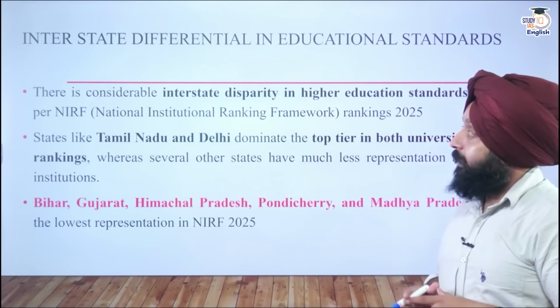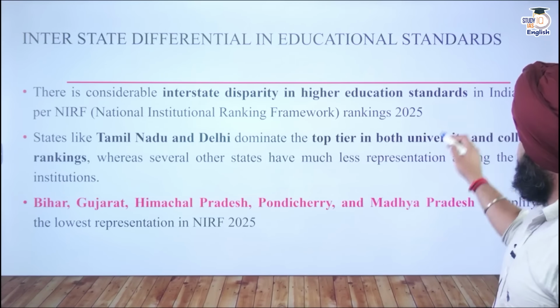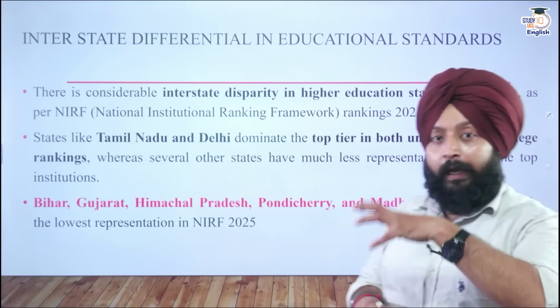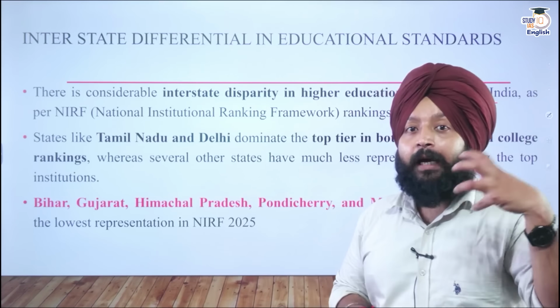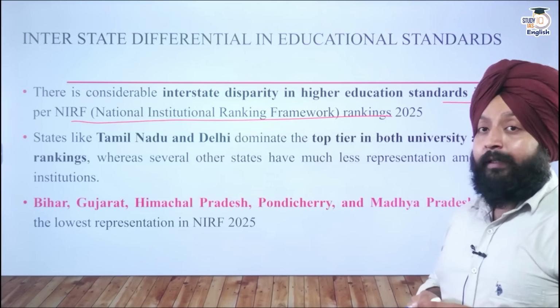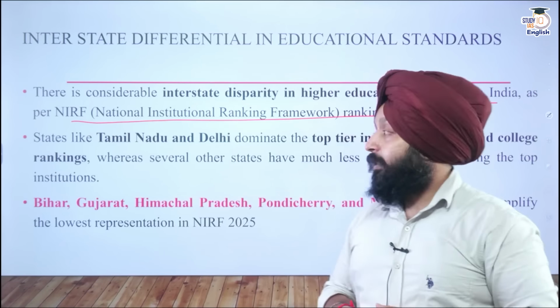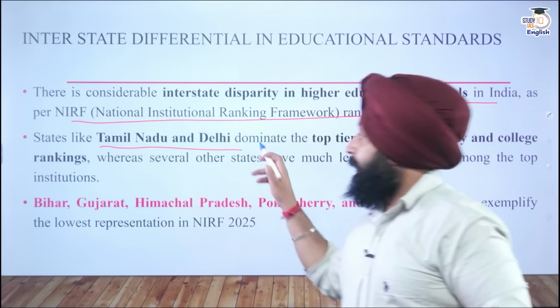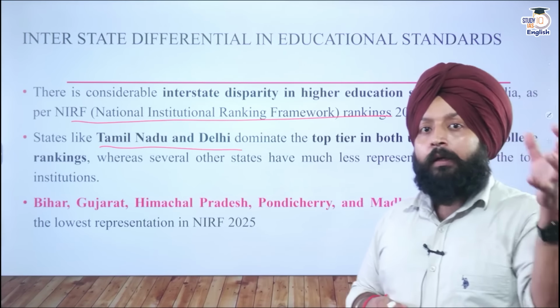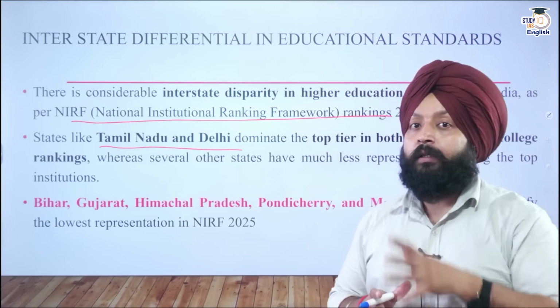See, there's a considerable interstate disparity in higher education standards in India. So we're going to see what the data as per NIRF says. Now, as I've told you, there are certain states that are top performers, for example Tamil Nadu and Delhi, where we'll see a presence of top-notch universities.